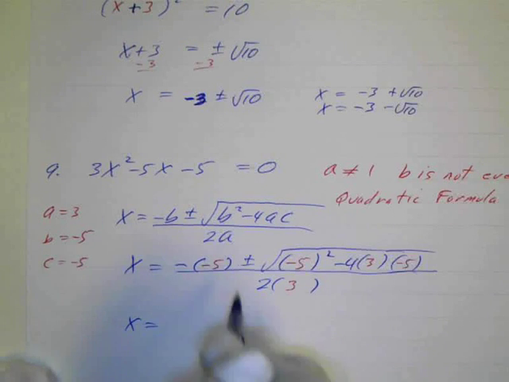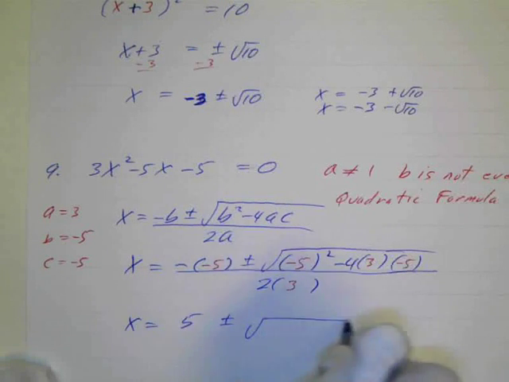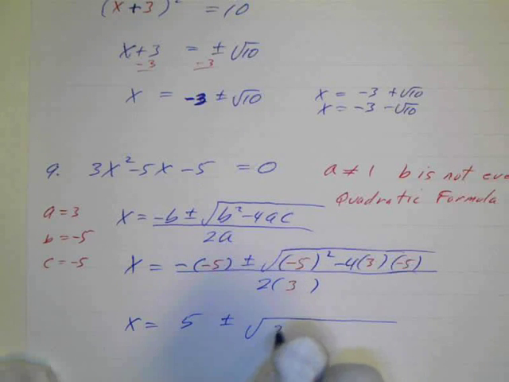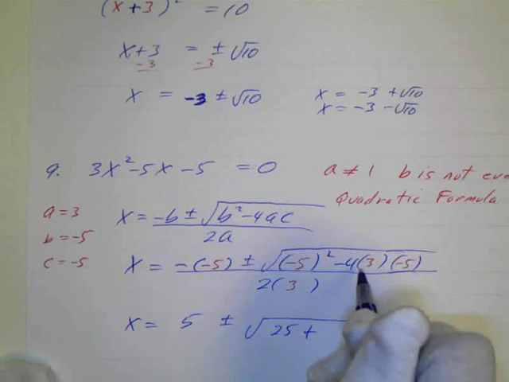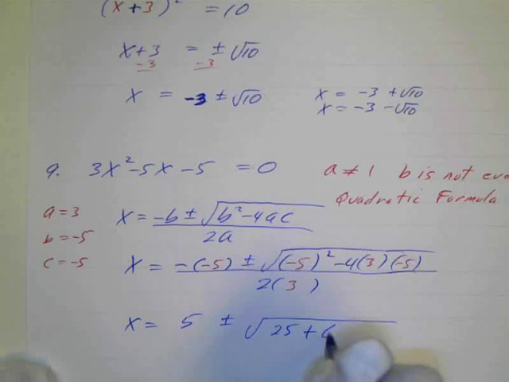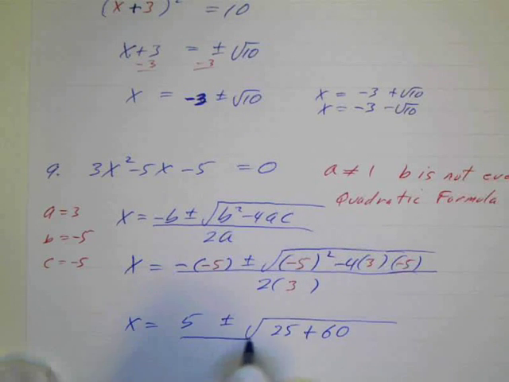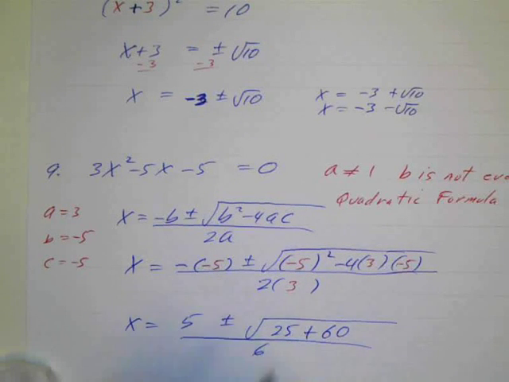x equals, and negative times a negative is positive, so we got 5, plus or minus the square root of negative 5 squared, which is 25. And a negative times a negative is a positive, that's nice. And then 4 times 3 is 12, 12 times 5 is 60, all over 2 times 3, which is 6. And we can add that up, so we get x equals 5 plus or minus the square root of 85 all over 6.